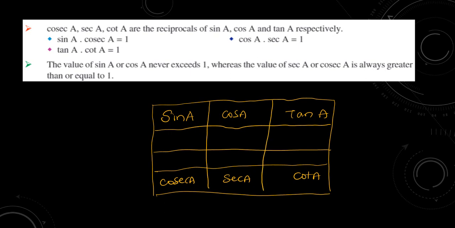Sin A is nothing but opposite by hypotenuse, the opposite side to A by hypotenuse. Cos A is nothing but the adjacent side to A by hypotenuse.